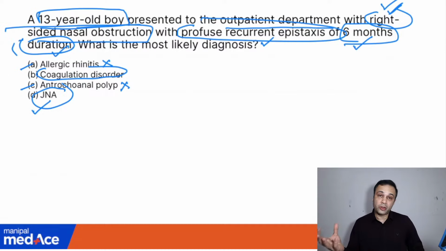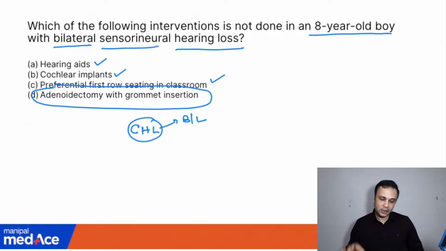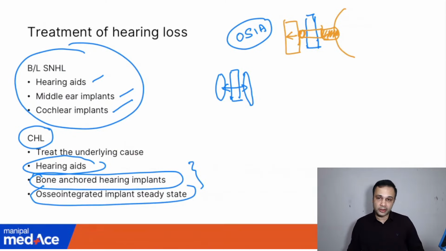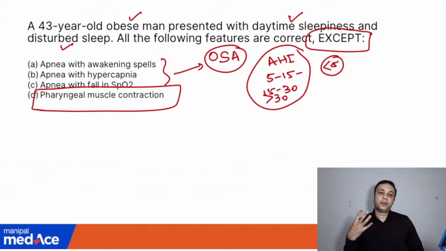Then there was a question on epistaxis, a straightforward question where the answer was JNA. What you will not do in a case of bilateral sensorineural hearing loss. We discussed the options of conductive as well as sensorineural hearing loss. You had obesity, where a patient is more or less likely to have obstructive sleep apnea.